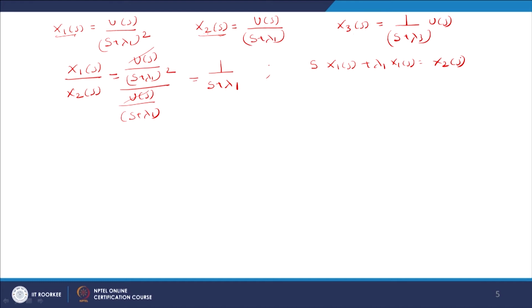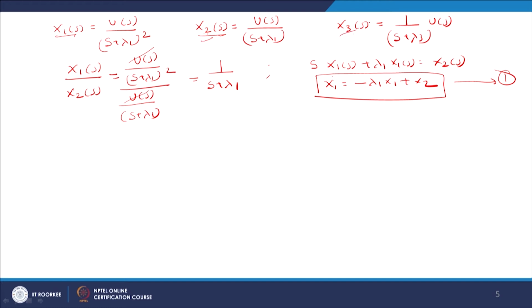So, x1 dot equals, shifting lambda 1 x1 to the right side, minus lambda 1 into x1 plus x2. So, this is the first state equation, let us say equation number 1: x1 dot equals minus lambda 1 x1 plus x2.